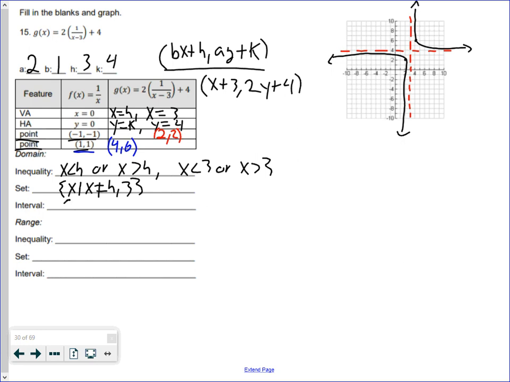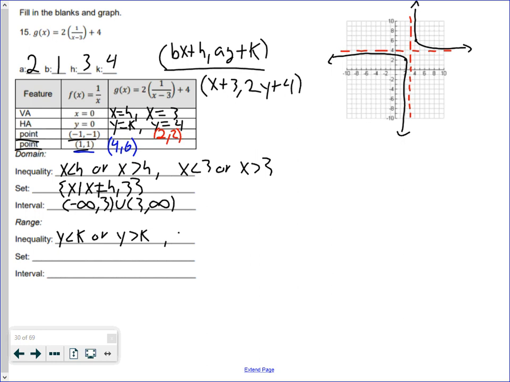Interval notation, again, is going to be based on the h, so negative infinity up to your h value, which is 3. Then union 3 to infinity, or h to infinity, but in this case, it's 3 to infinity. Our range is going to be very similar, but it's going to be based around your k. So inequality, y is less than k, or y is greater than k.